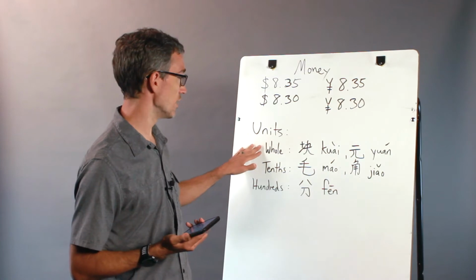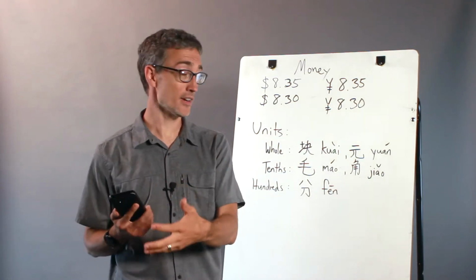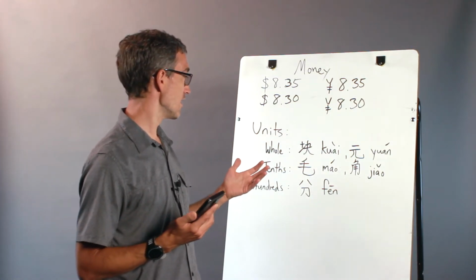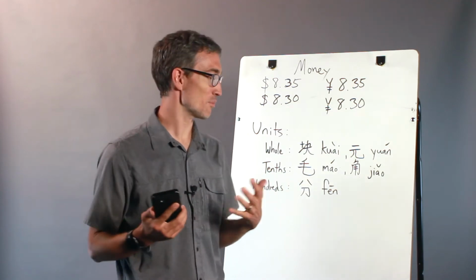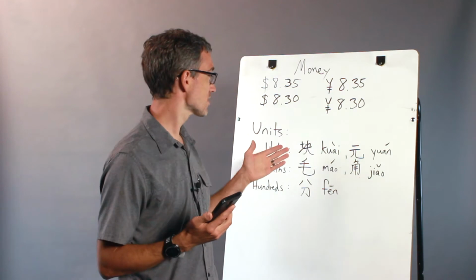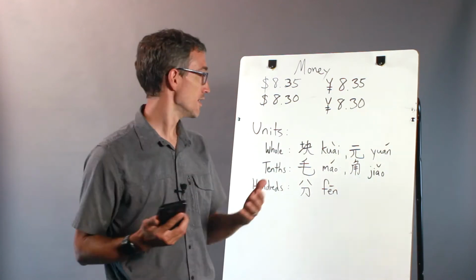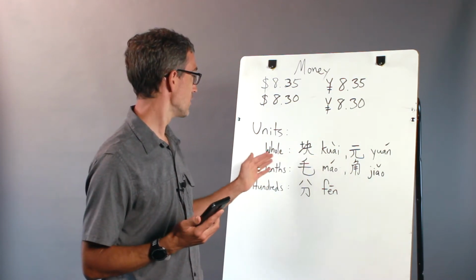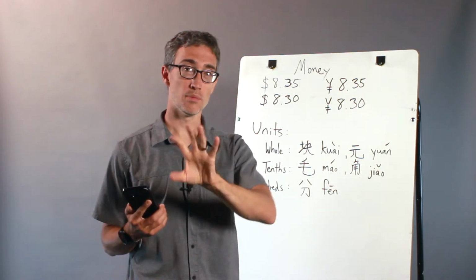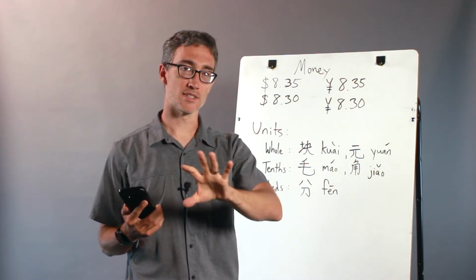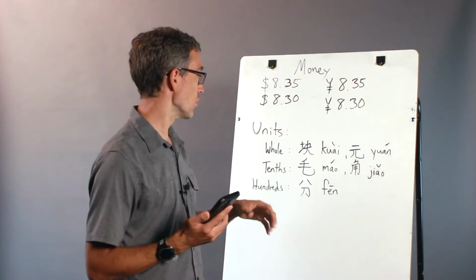So the whole unit, like the dollar in American money, there's actually 2 ways to say it. Unfortunately, I'm sorry to throw complexity into it, but the most common and the most colloquial is to say kuai. So one kuai, 1 renminbi. Renminbi, or the yuan, is the unit of money in China. So yi kuai.